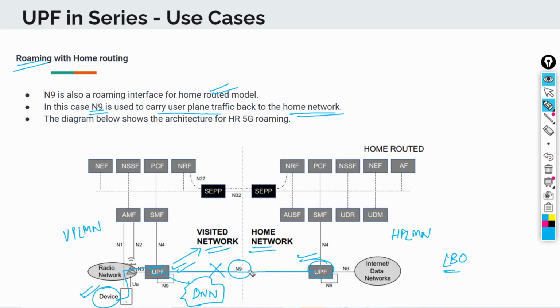In this case, you don't need the N9 interface, and you don't need to connect the UPF in series. However, in case of home routing, which is the most commonly used roaming architecture right now, you would need to have the N9 interface.